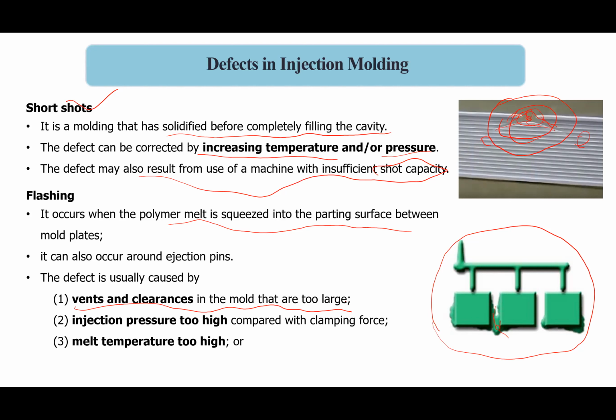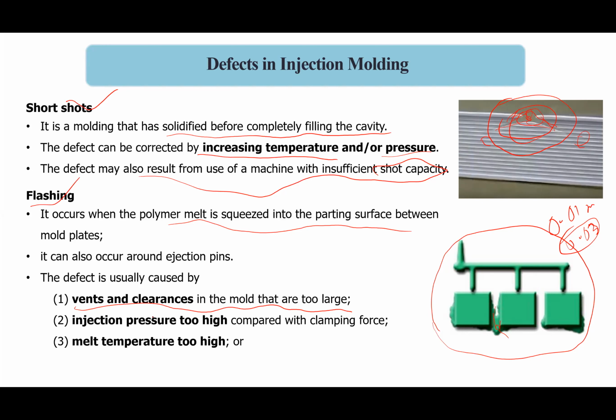That means if there is a vent and the vent size is very large, for example, the vent size I mentioned, like 0.01 millimeter, if it's 0.03 millimeter and you are injecting polypropylene, then polypropylene can get really molten and the viscosity is very low. Then in that case the material will come out through the vent. Okay. And that will also cause this kind of flushing.